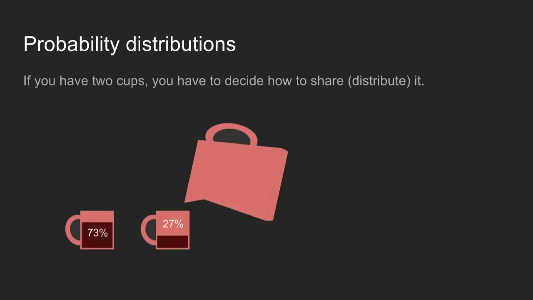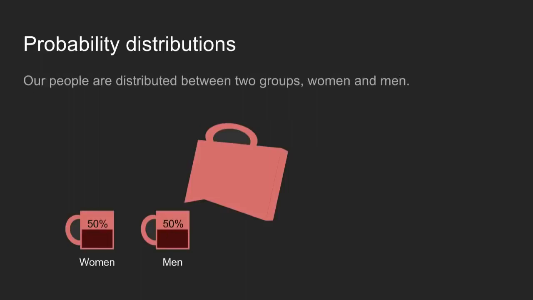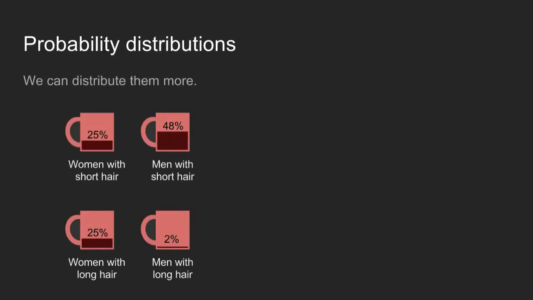And you can share it in any proportion you want. So for instance, if we're representing the number of men and women at the movies, we could share it 50-50, but it'll always add up to 100%. We could even share it further into different categories. So here we see the joint probabilities of all of our 4 different categories that we were working with.